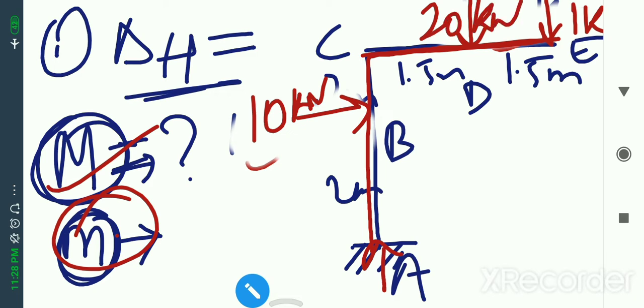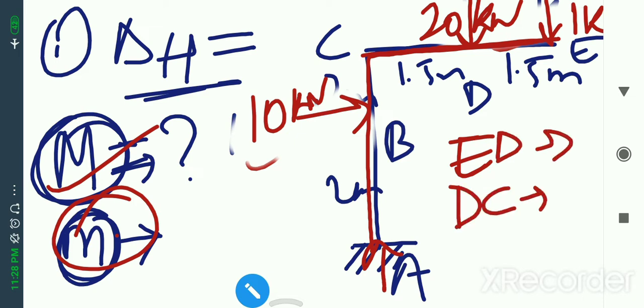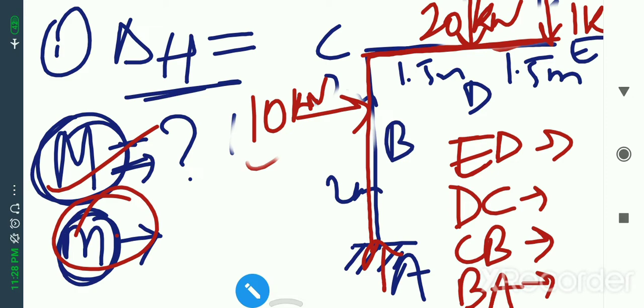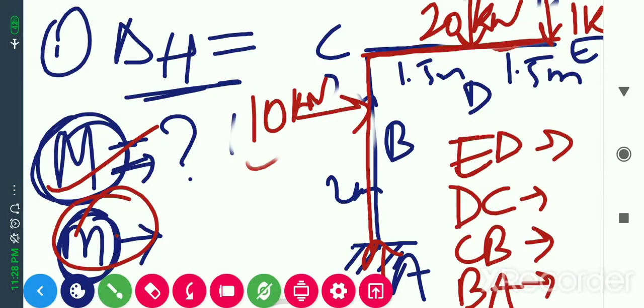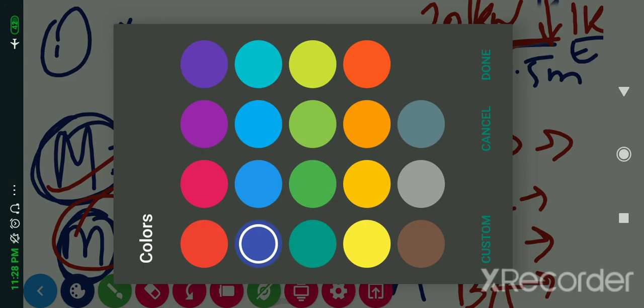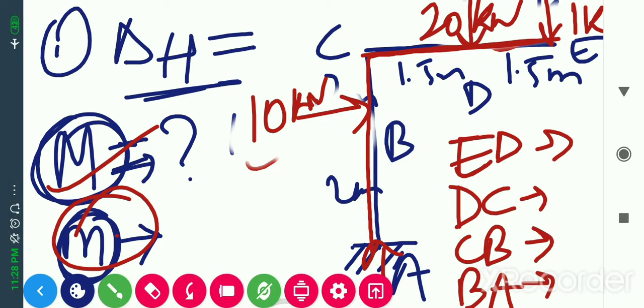We will first analyze the part ED, then we will analyze the part DC, then the part CB, then part BA. We will try to find the value of capital M and the value of small m separately in these parts.